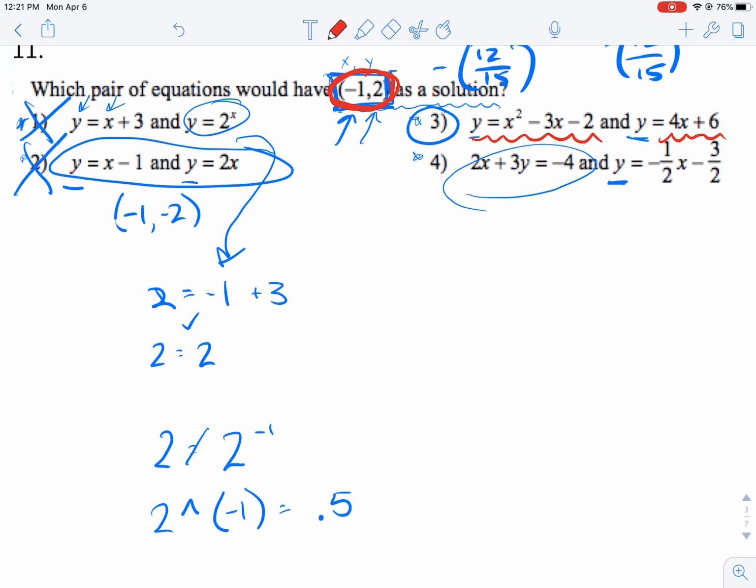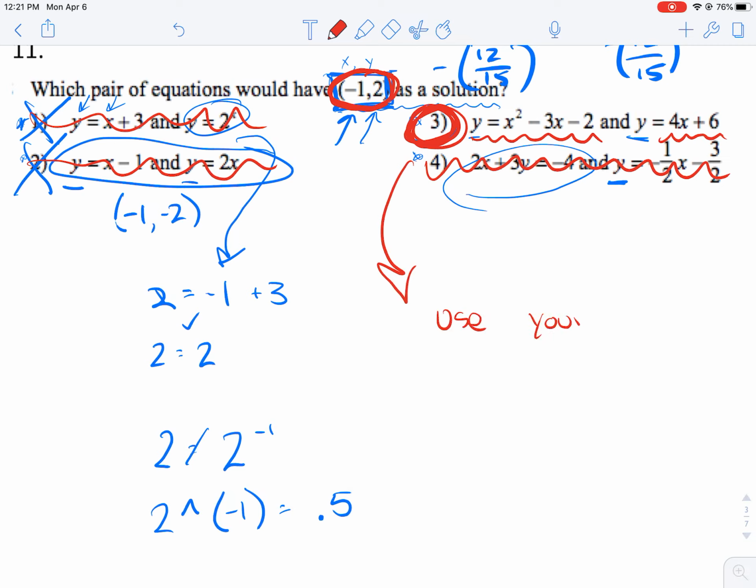Then you go to your second table. We should already be at negative 1. As you can see in both problems, when x is equal to negative 1, y is equal to 2. Because we know that one's in, we can cross all these other ones out. And so our answer is number 3.